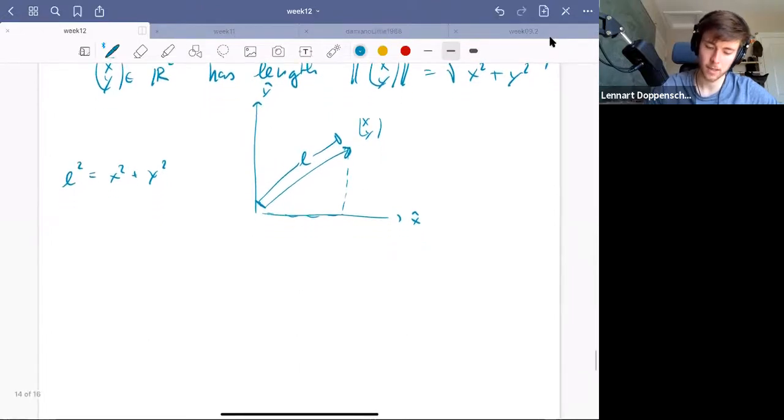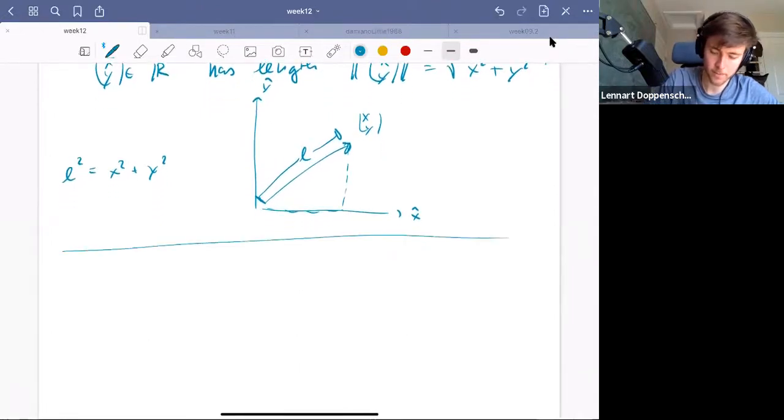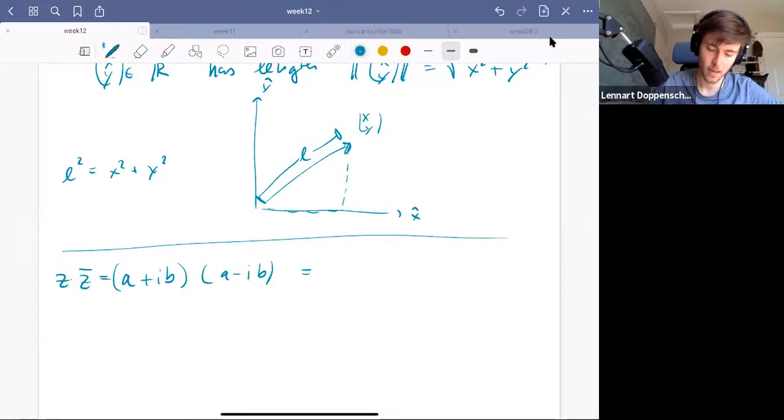But now notice that if you multiply a plus ib with its complex conjugate, which is a minus ib, so this is z times z bar, then the way that we multiply them is just as if they were all real numbers, with the i having a special meaning.